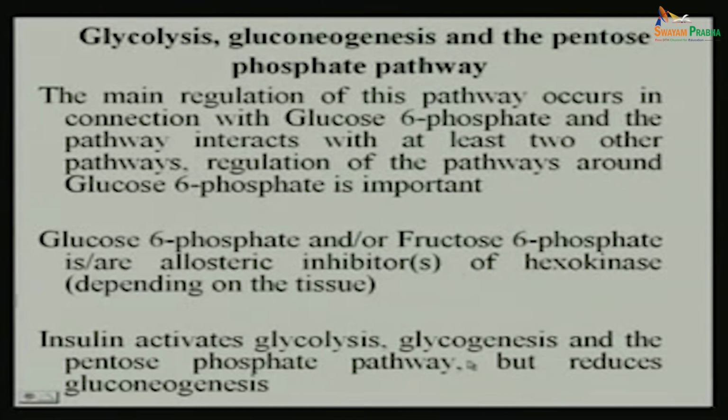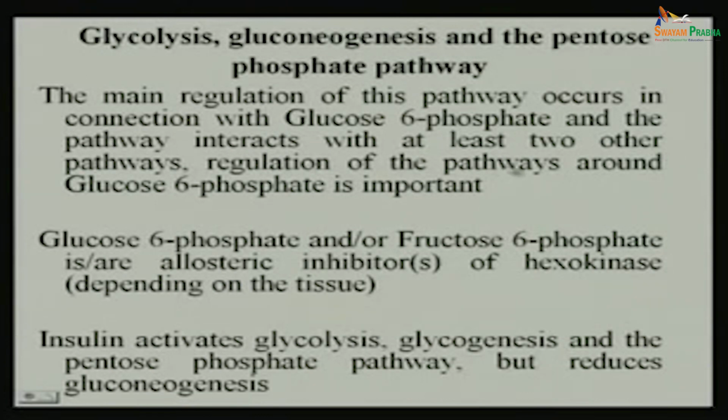Now, if we see glycolysis, gluconeogenesis and the pentose phosphate pathway, the main regulation of these pathways occurs in connection with glucose 6-phosphate, and this pathway interacts with at least two other pathways.